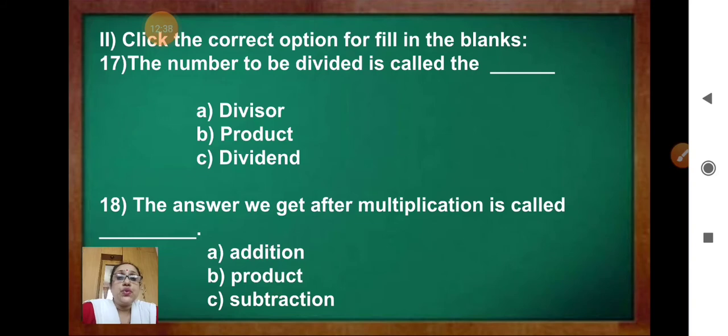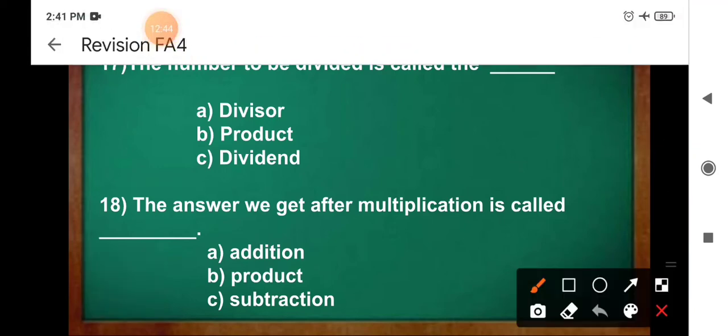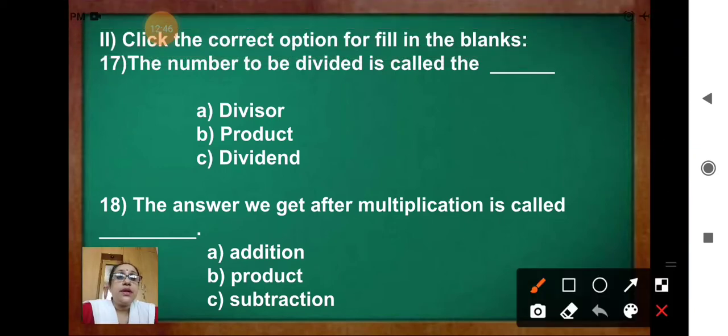Now part 2. Click the correct option for fill in the blanks. Question 17. The number to be divided is called the dash: divisor, product, dividend. So what is it called? The number to be divided is called dividend.